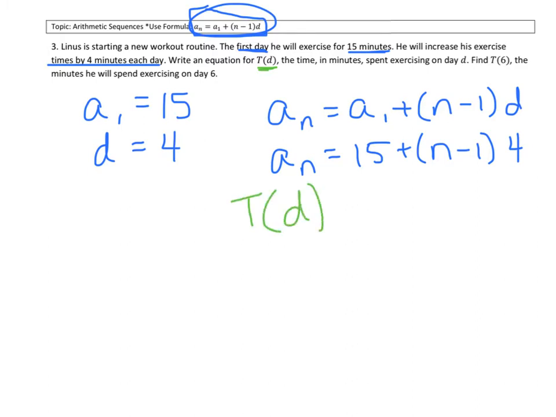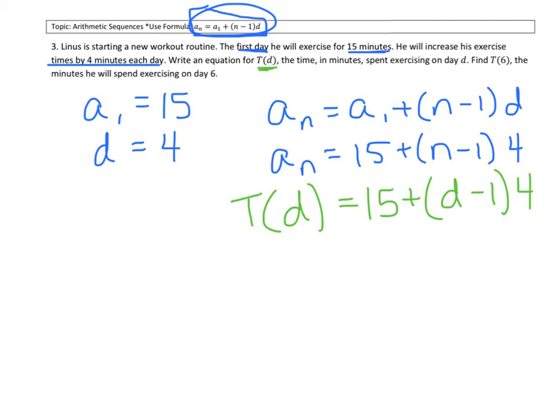So I just replace A sub N with T of D, meaning my N gets replaced with D for number of days. So this is the formula using function notation for T of D, where T stands for the number of minutes and D stands for the day.